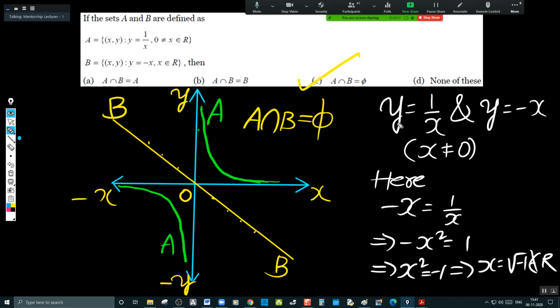Why do we solve the equations? We want to check whether a common solution is there or not. We are not getting any real solution there, and hence, no common solution.